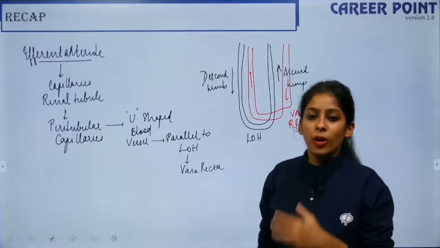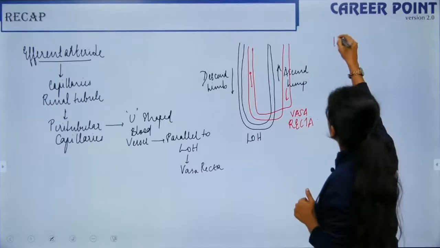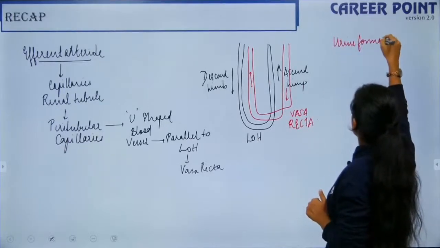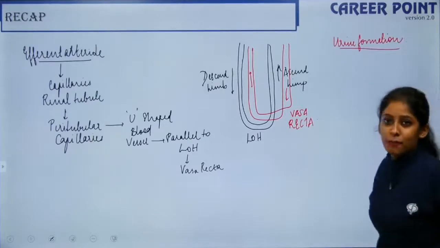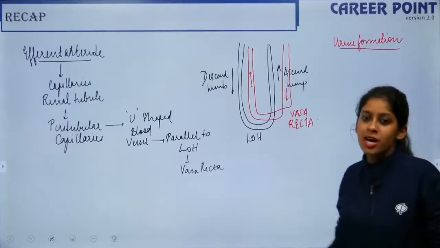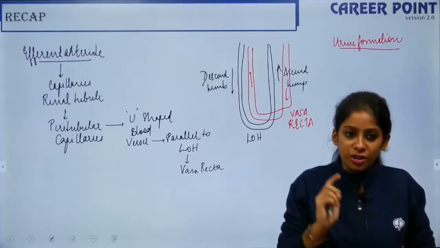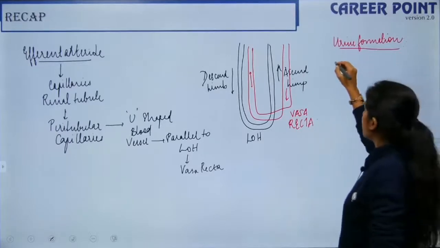Then we went forward to talk about the mechanism, or the formation, of urine. For this we have three main steps. Here you also have certain pressures which you have to remember, so pay attention, I will give you an outline of the different pressures that come here. Urine formation involves three steps.